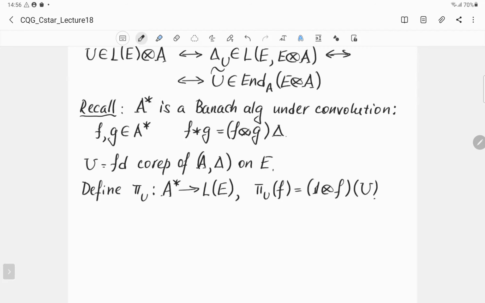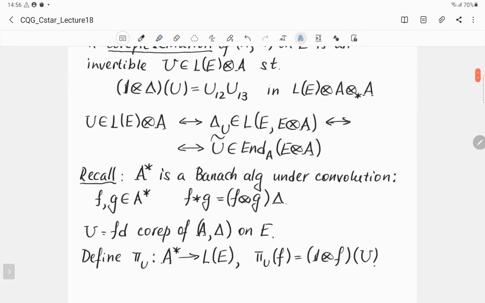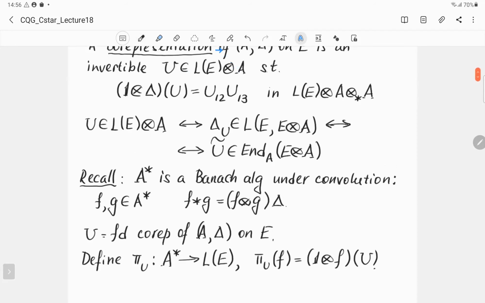So U sits in this tensor product. So after we apply one tensor f to U, and here one denotes the identity map of L of E, the resulting element will belong to L of E. And so we get a map pi U from A star to L of E, which is obviously linear.